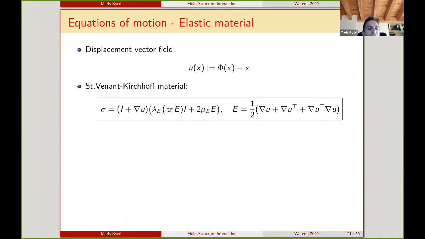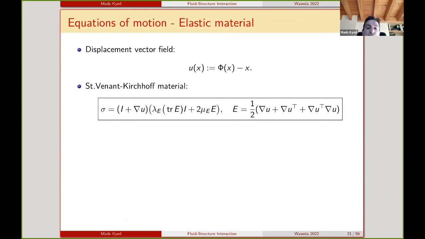So this expression was derived from material frame indifference. We had isotropy of the material, and the material had to be homogeneous, and the reference configuration, remember in this equation, the U is the displacement with respect to the reference configuration.